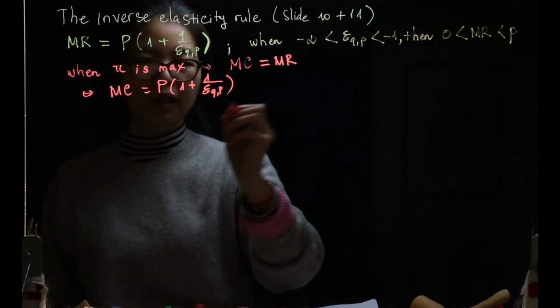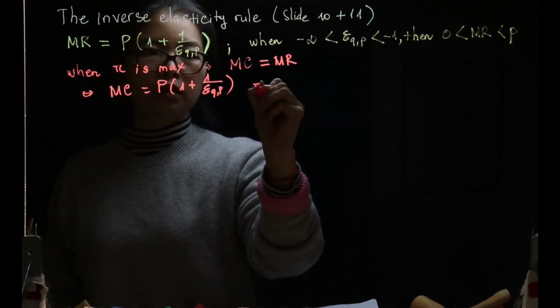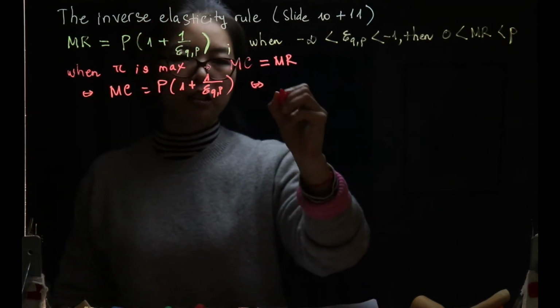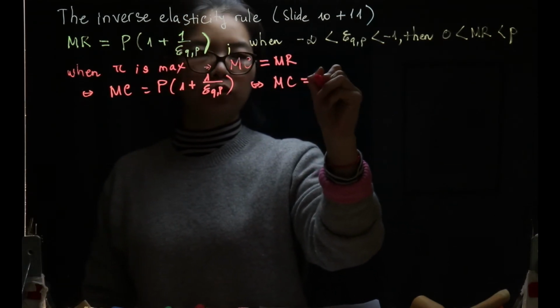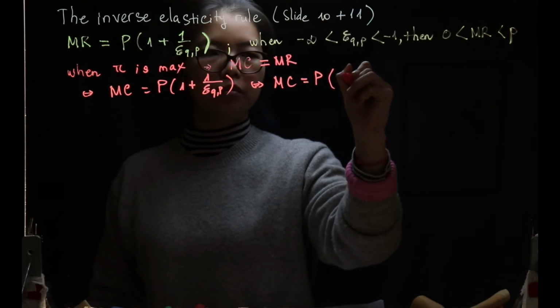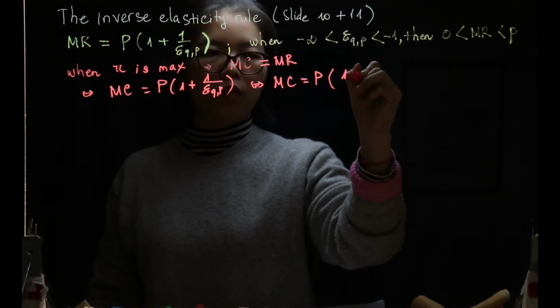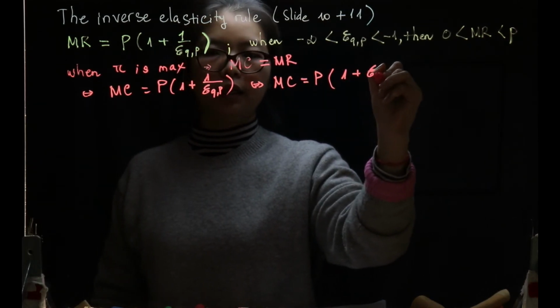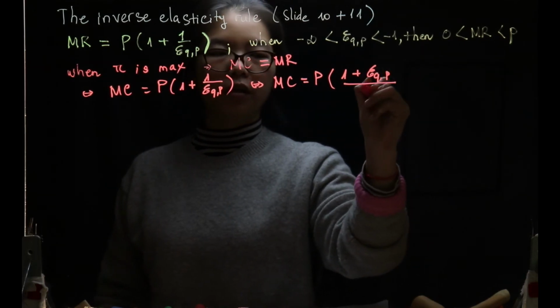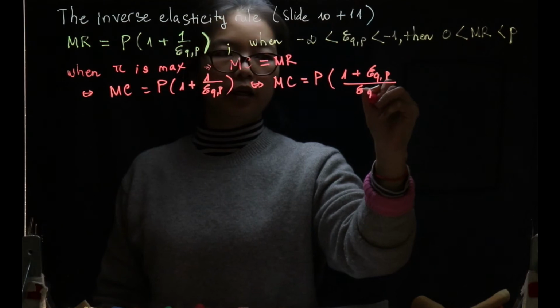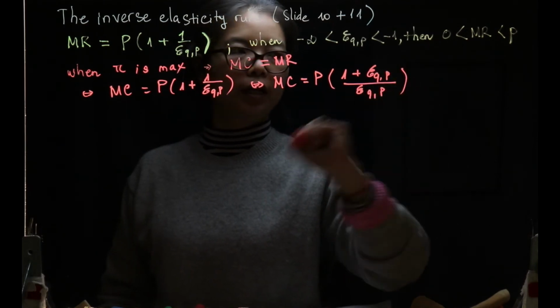Now we could rearrange it in a way that MC equals P times 1 plus EQP over EQP, right?